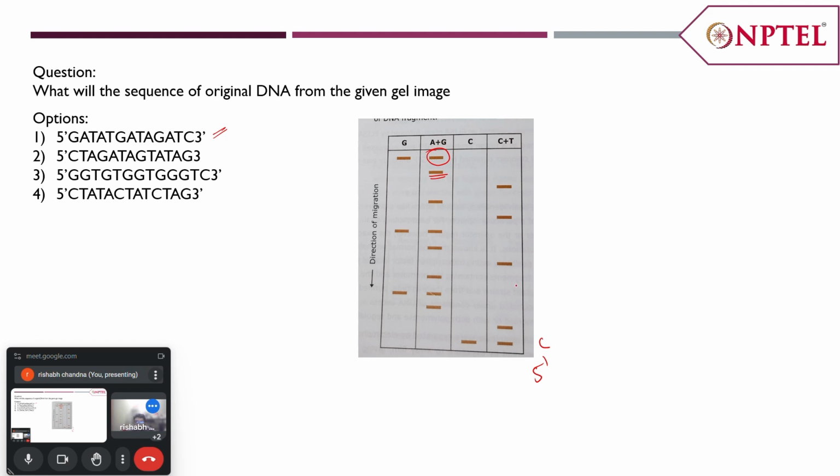Okay, so let's deduce the sequence. So the first base is C, then T, then it would be A, then G, then A, then T, then it would be A, then G, then T. Then it would be A, then T, then again A, and then the last one is G. So this would be the sequence of the original DNA strand of the patient or the person.